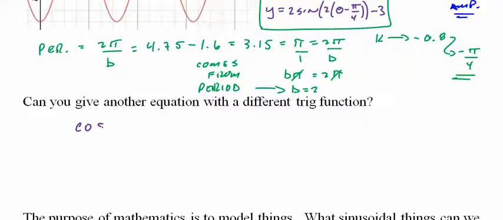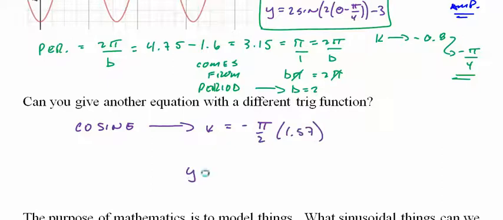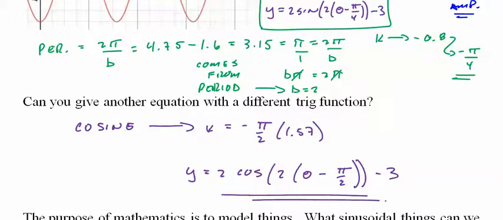So cosine, my k value is equal to negative pi over 2, just like 1.57. So nothing's changed. Y equals 2 cosine 2 theta minus pi over 2 minus 3. That's it. You might have noticed that's half the period.